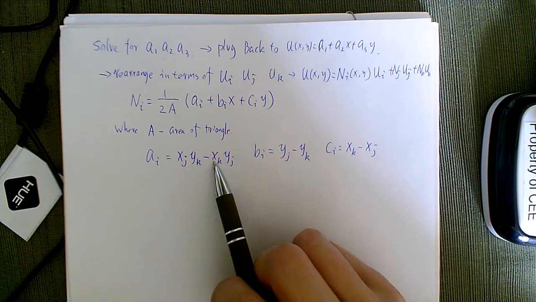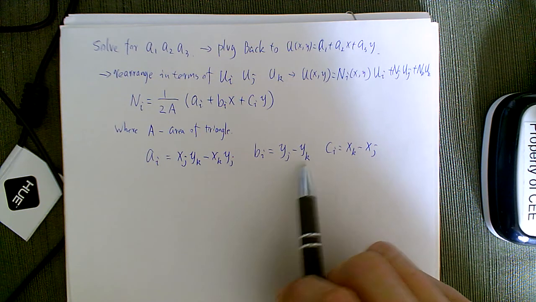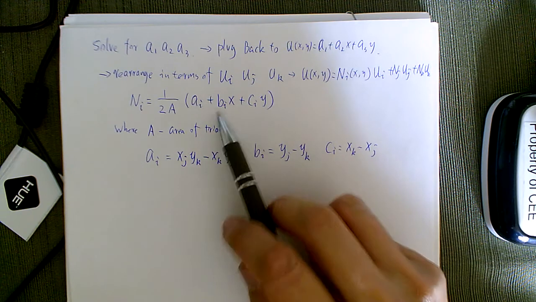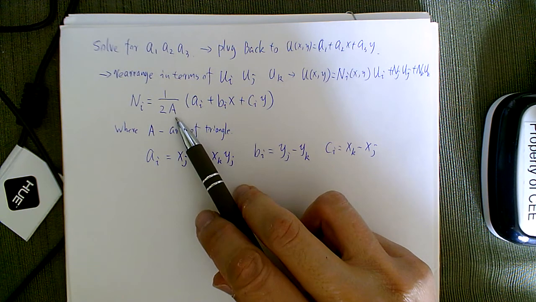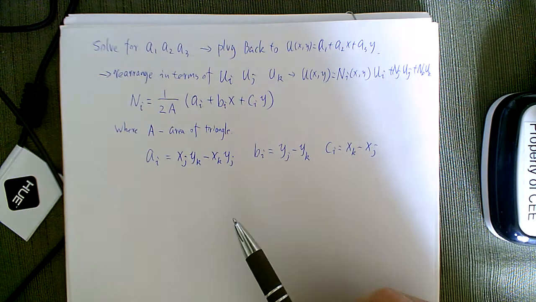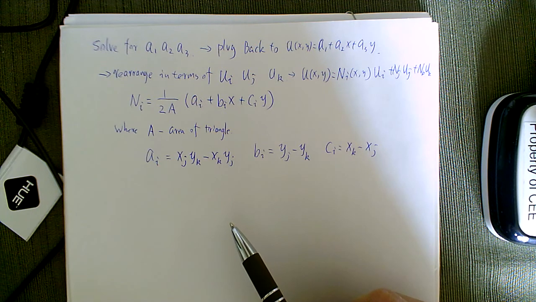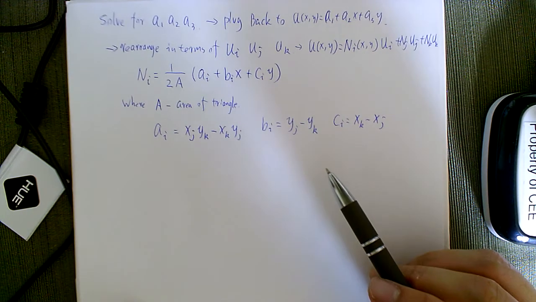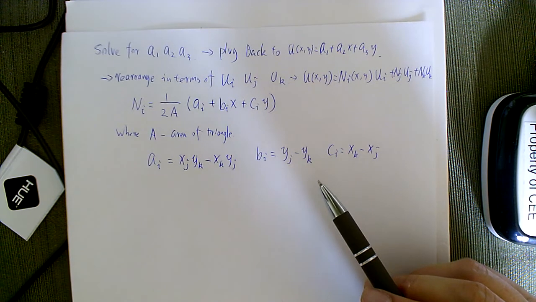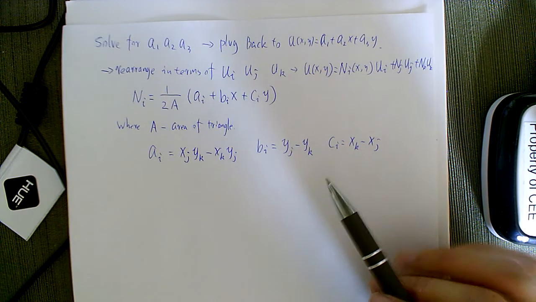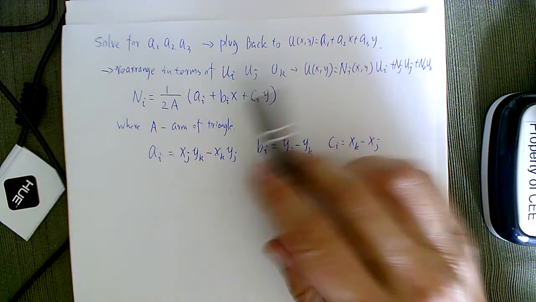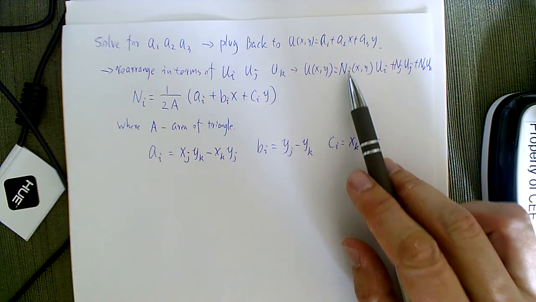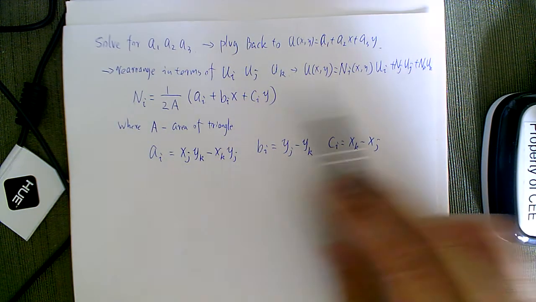So basically those are the known coordinates of the nodes. You calculate those numbers, then plug them back in here, divided by the area of the triangle, and you get this. Again, you're like, how does that all work? Like I said, if you have an afternoon to kill, solve for a1, a2, a3, plug it back in, regroup in terms of u, and you're going to get this.